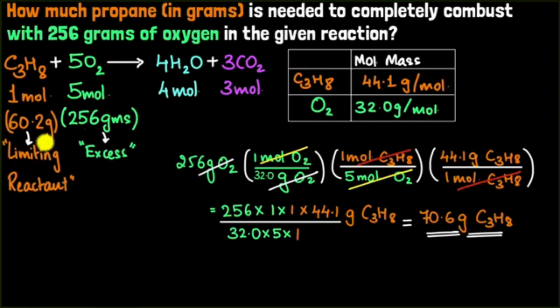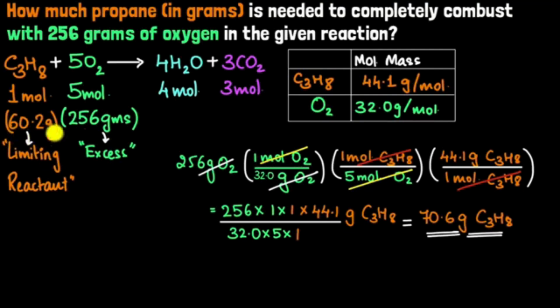If there is more propane than what's necessary, then oxygen would be the limiting reactant. And once I know which of them is the limiting reactant, I know that that's the one that's going to be completely consumed, and then I can use that to figure out how much, say, water is produced or how much carbon dioxide is produced. I cannot use the one that's in excess because not all of it is going to be consumed.